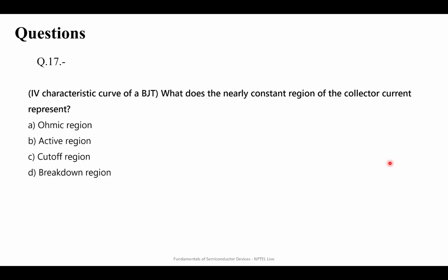What does the nearly constant region of the collector current represent? Ohmic region, active region, cutoff region, breakdown region. So in an IV characteristic curve of BJT, what would be the nearly constant region of collector current?